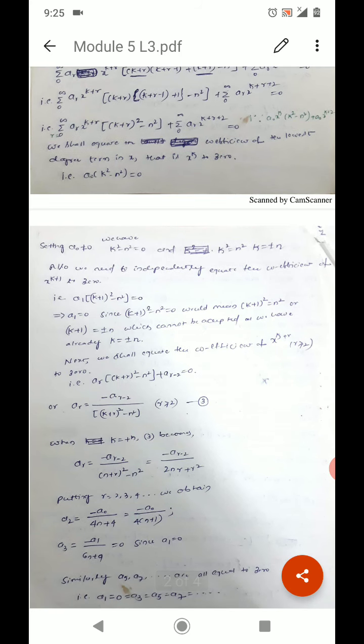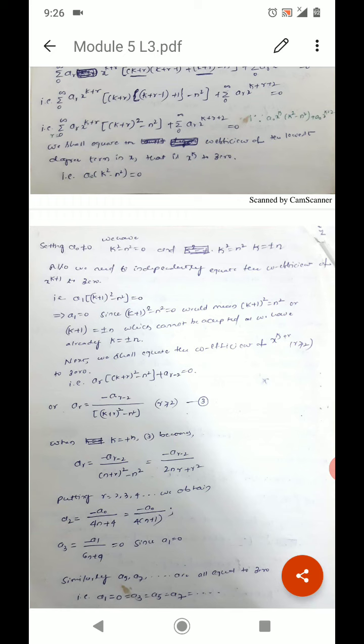Also we need to independently equate the coefficient of x power k plus 1 to 0. Now again, by expanding the summation, we will get the coefficient of x power k plus 1 is a1 of (k plus 1) whole square minus n square, which is equal to 0. Now take a1 is equal to 0.